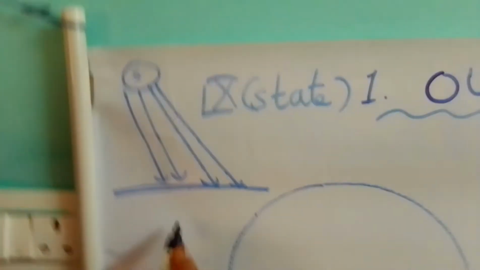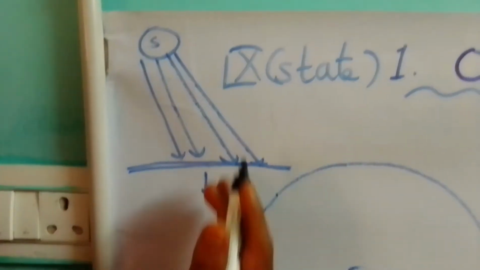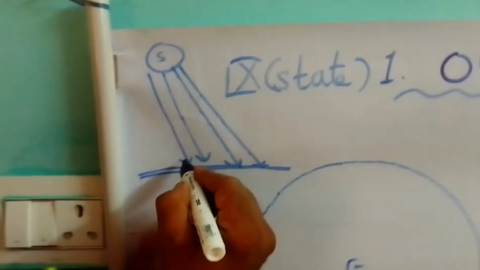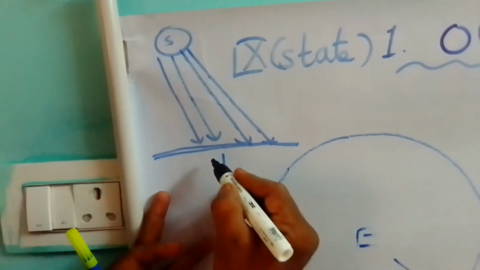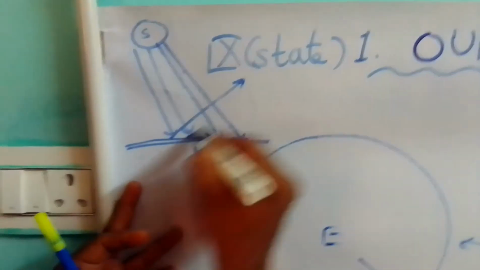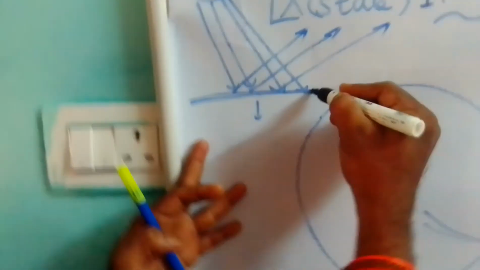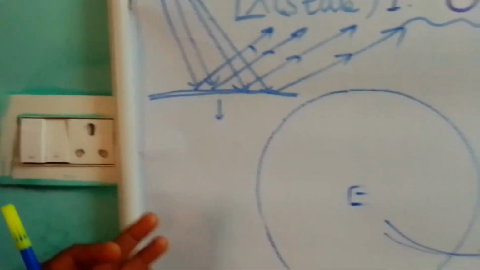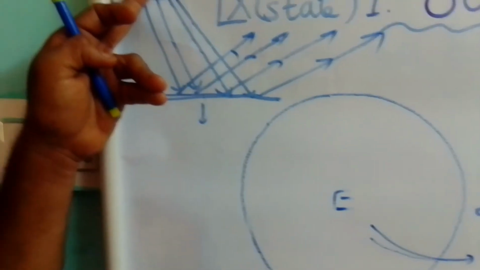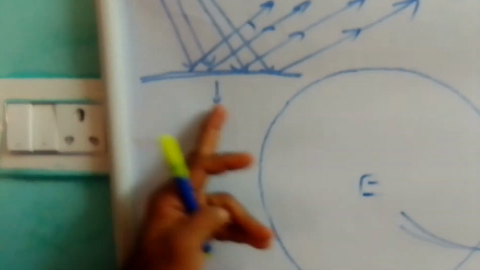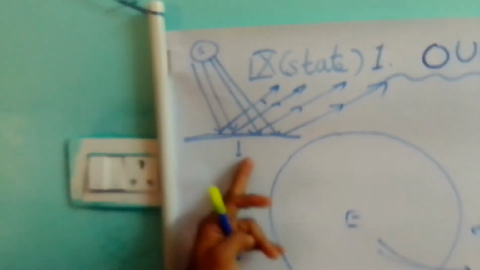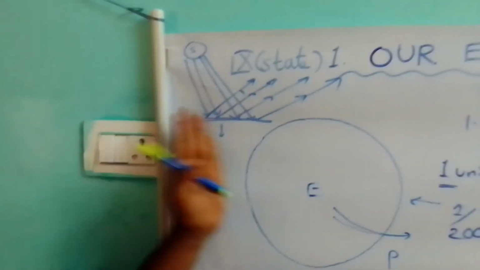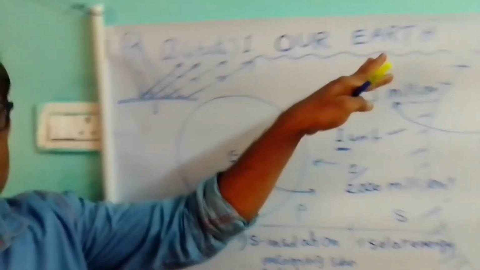But the energy which is coming towards the Earth is again reflecting into space. Are you understanding? The Sun is releasing energy, our Earth is receiving energy, but its receiving part is very little and the remaining energy is scattering again into the universe.